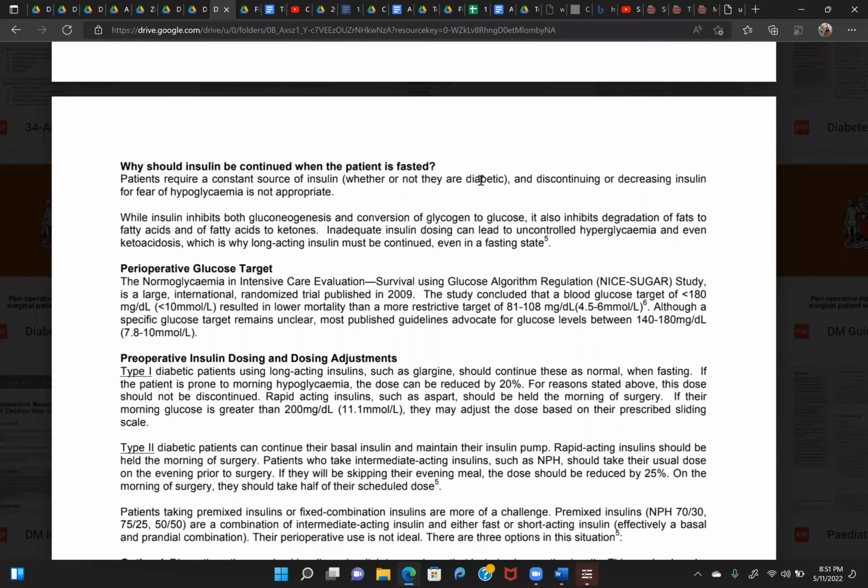So that's what I was telling you, the number is not fixed. Don't get confused with the number. In some books you find 120 to 150, somewhere else something different. The basic principle is that you don't let the blood sugar go less than 100, and you should not let it go more than 180. This is the basic principle.